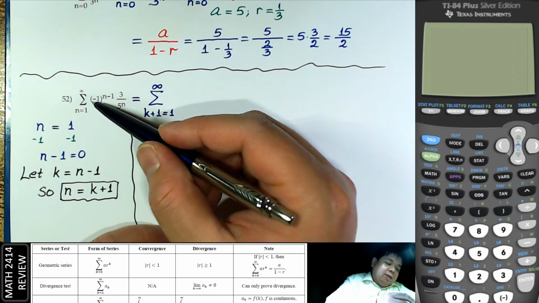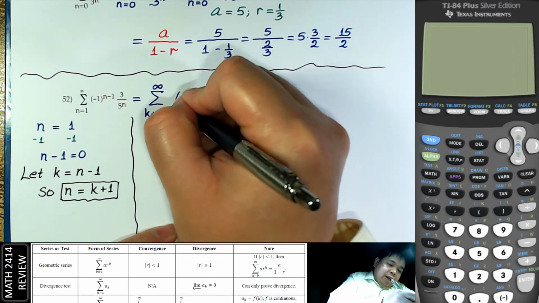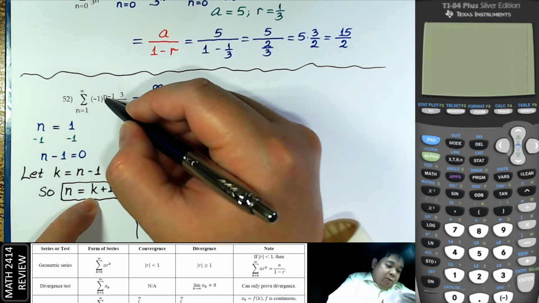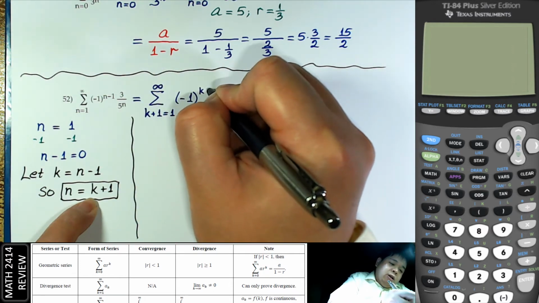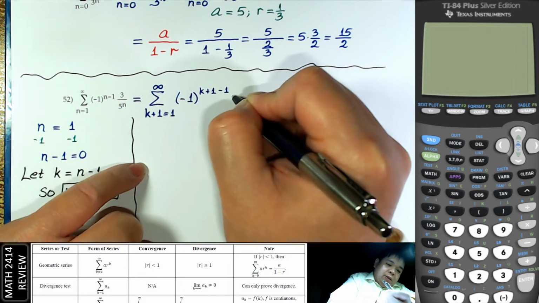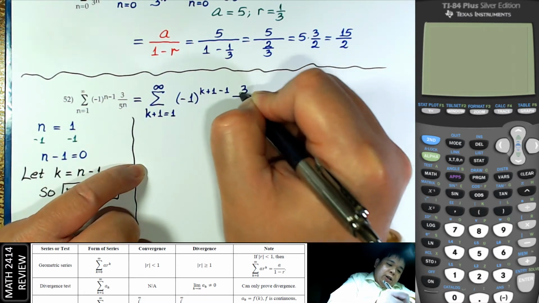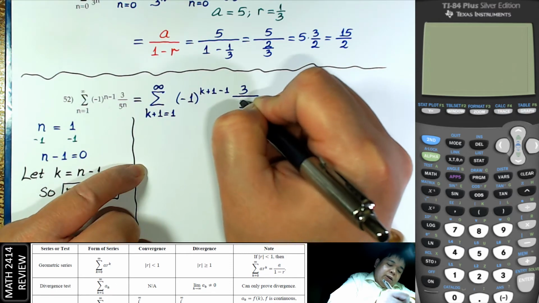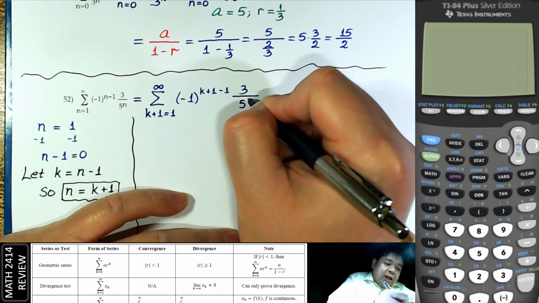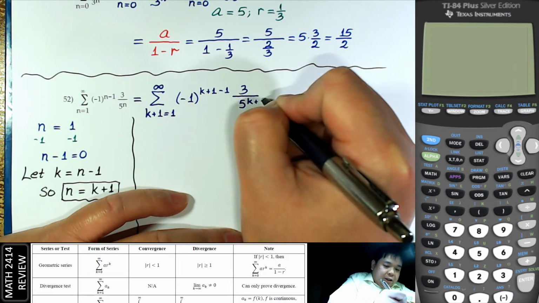Right, now -1. Again, n is k plus 1, so just k plus 1 for n, and then -1. Then we have 3, then 5 to the n, which is k plus 1. Every time we see n, that's k plus 1.